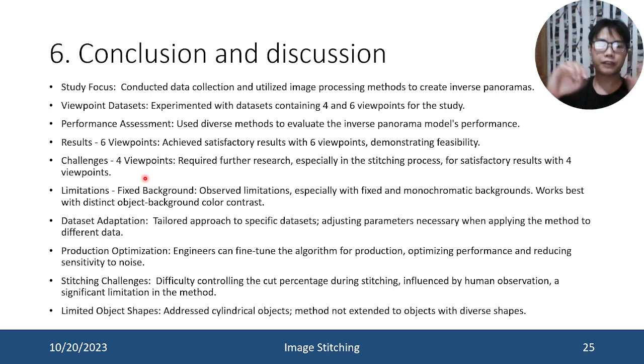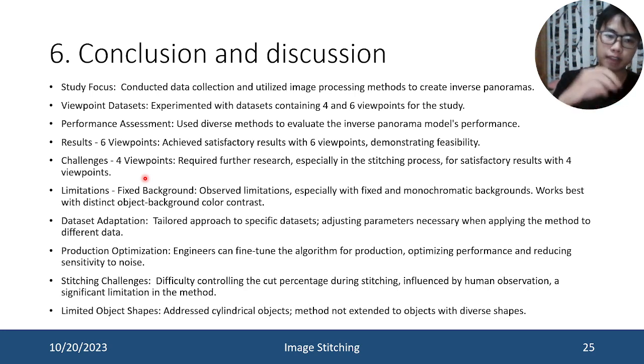Limitations. We have some limitations in our project. The first is the fixed background. Observation is limited, especially to fixed and monochromatic backgrounds, and it works best with distinct object and background color contrast.